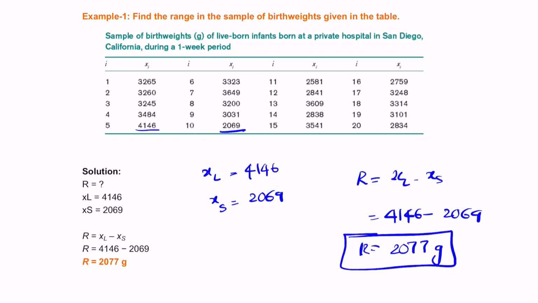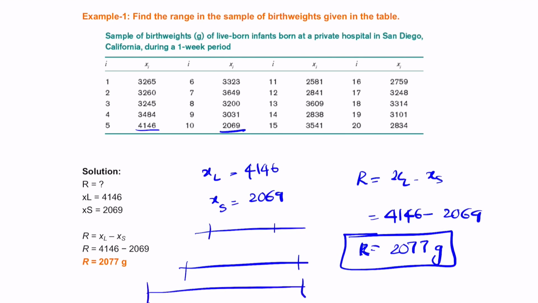Notice that this range explains the actual width of the entire data, from the smallest point to the largest point, and it shows you how spread out the data is. If the range is small, then the spread is small. If the range is really large, then the spread is really large. This is the idea behind the concept of range.